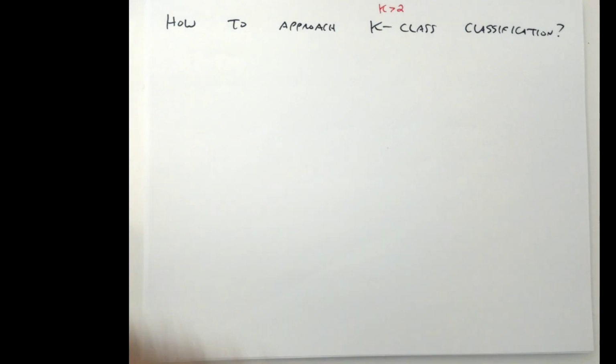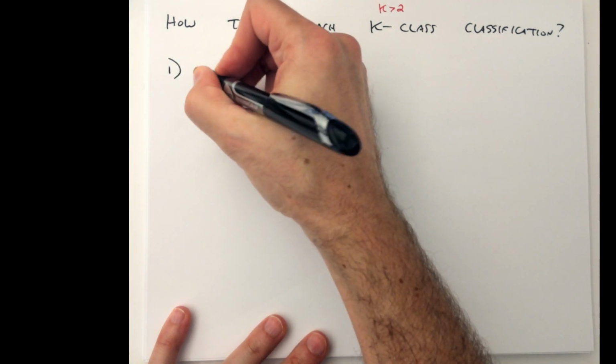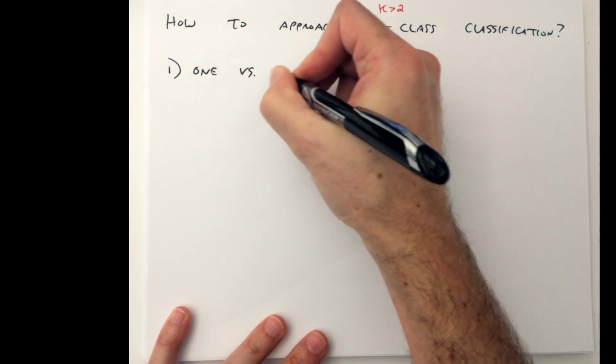when K is greater than just 2? Well, there are a couple of ways you can do it, right? So the first way is called one versus the rest.